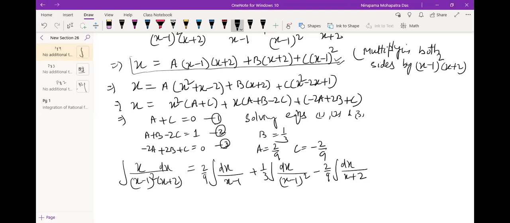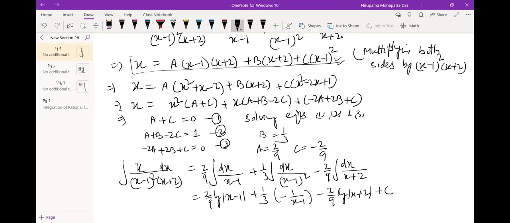So we are getting 2 by 9 log of (x minus 1), plus 1 by 3 times the integral of 1 by (x minus 1) whole square, which means minus 1 by (x minus 1), minus 2 by 9 log of (x plus 2), plus constant of integration.